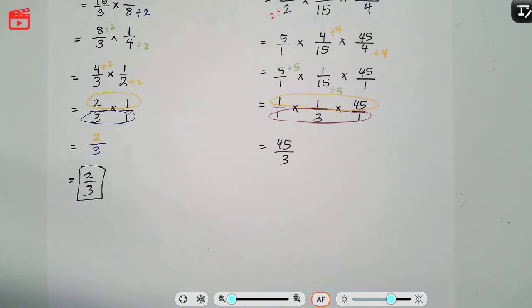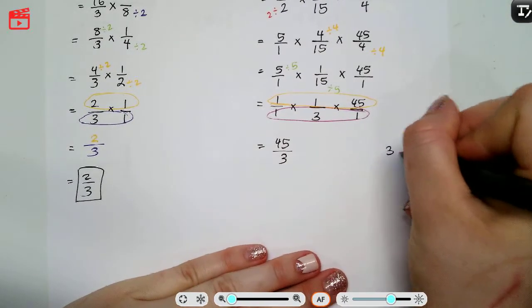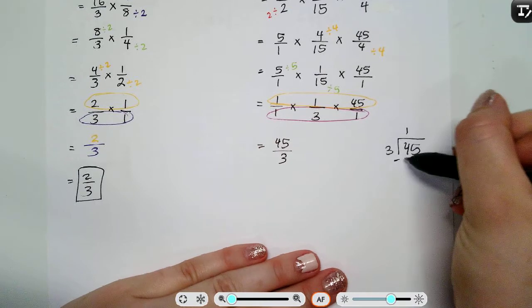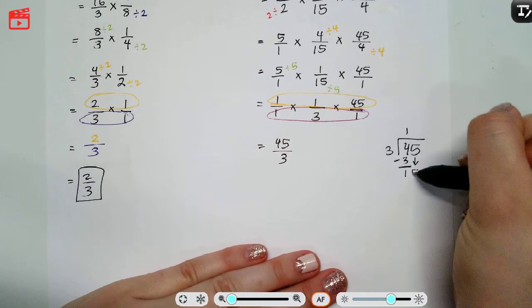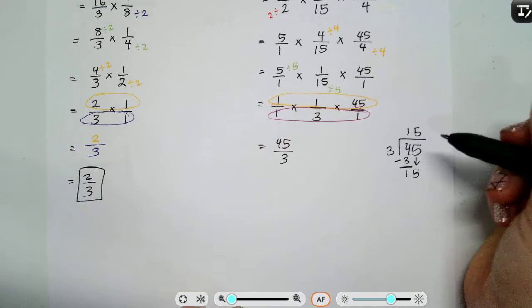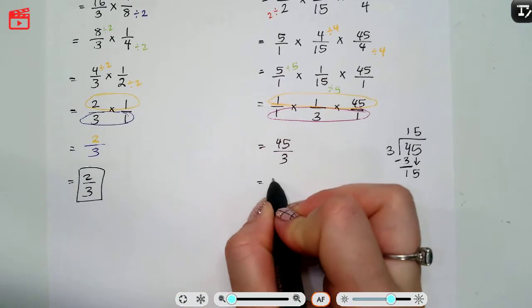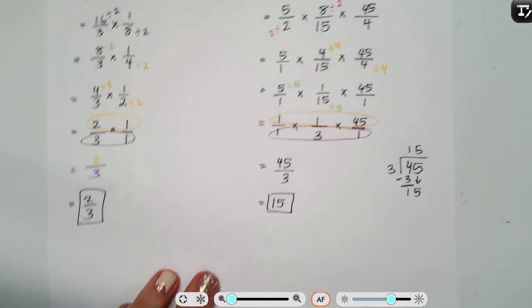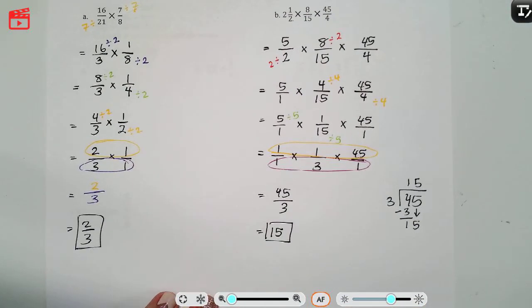So I'm going to go ahead and do the division for this. 3 can go into 4 once. Oh, 3 can go into 15 5 times. Hey, 3 can divide 45 perfectly. That's 15. Wow, that problem actually ended up looking pretty nice.